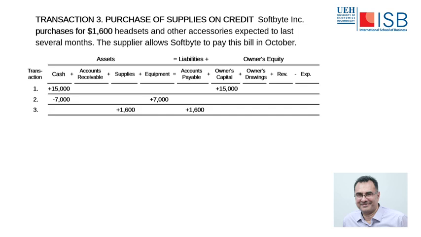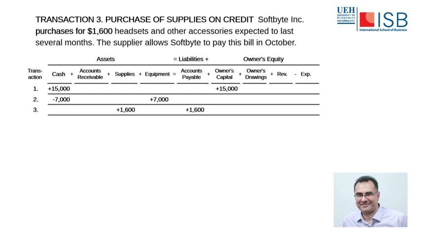So this transaction creates an asset, supplies, which goes up on the asset side. And this transaction also creates a liability which goes up by $1,600. So the asset side matches the liability side and the equation remains in balance.